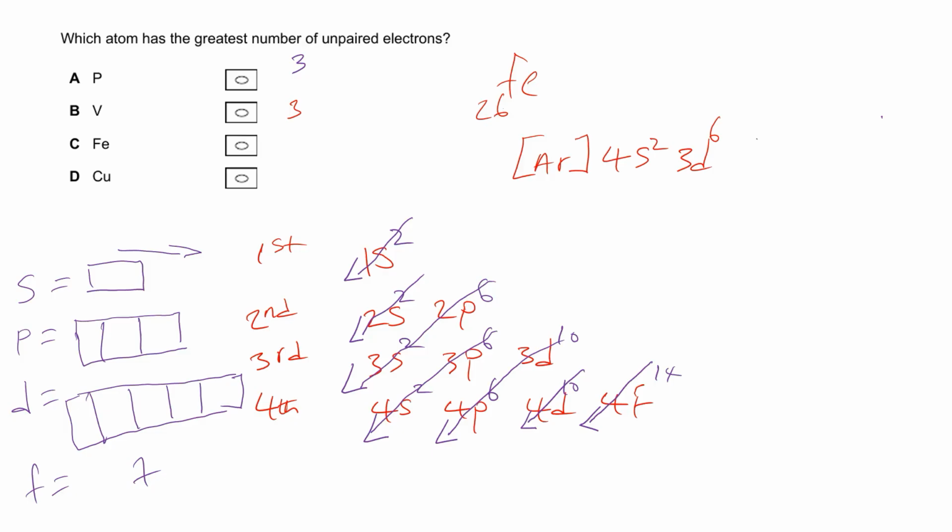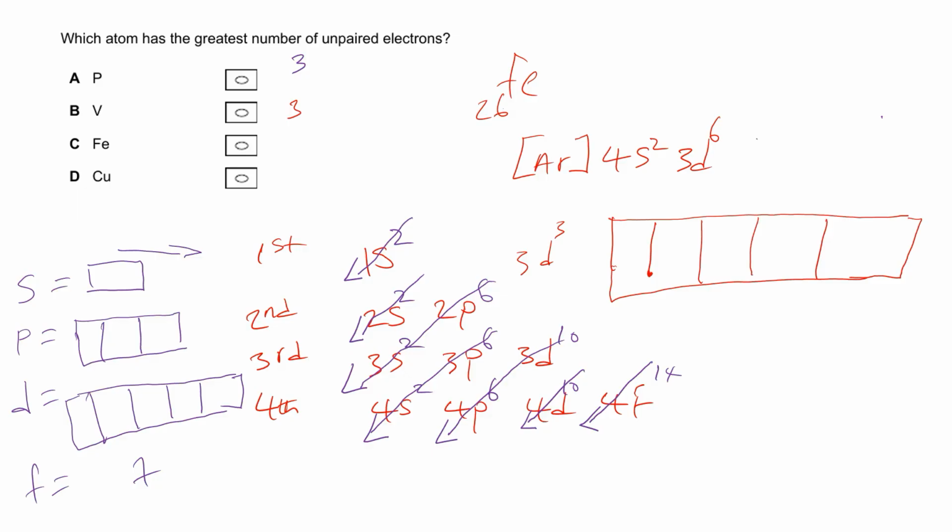Let us fill in the subshells of 3d. We say D has 5 subshells, right? So we have 5 subshells: 1, 2, 3, 4, then 5.